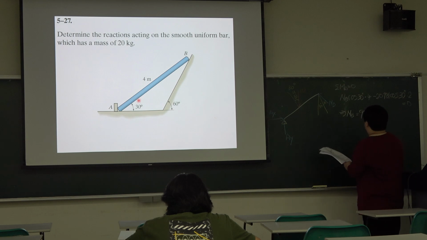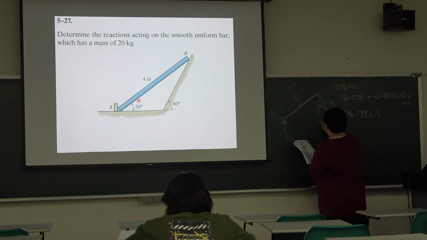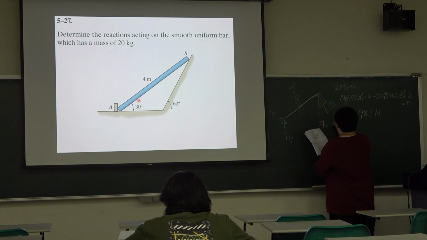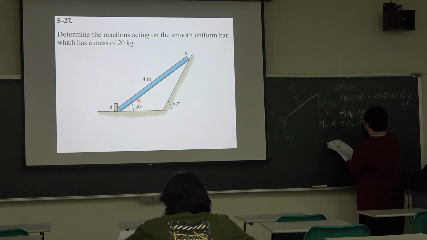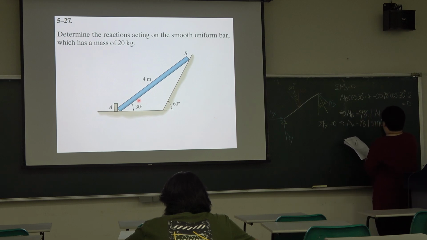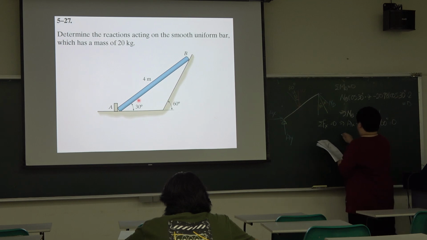Okay, so summation Fx equal to 0 is Ax minus the value sine 53 is equal to 0. So the Ax is equal to 85 Newton.